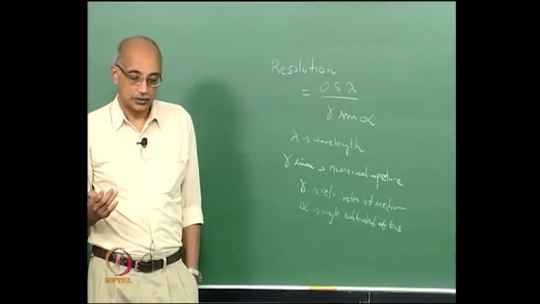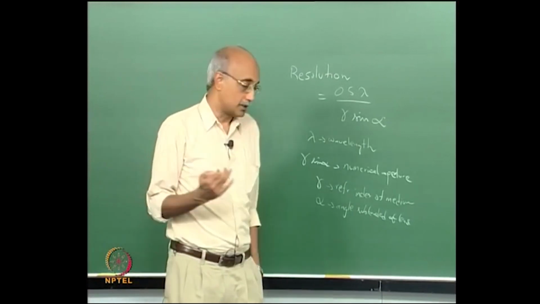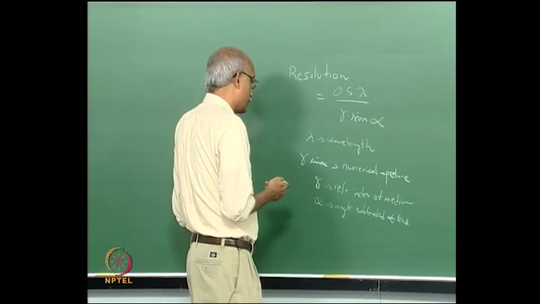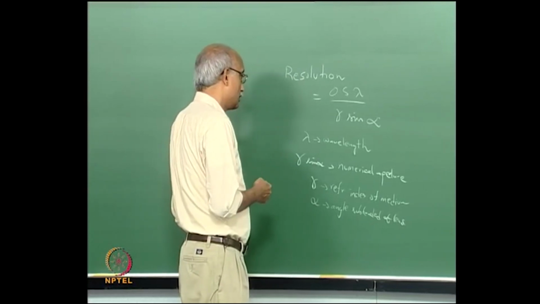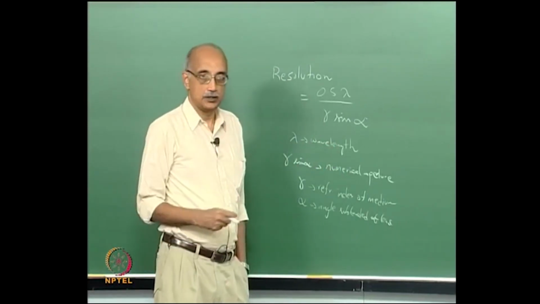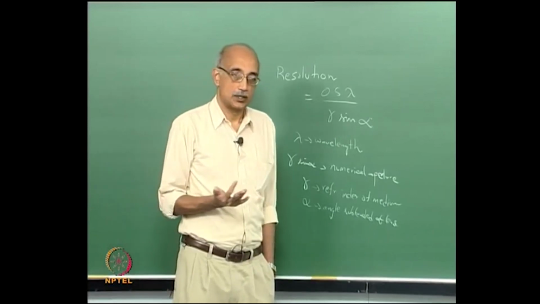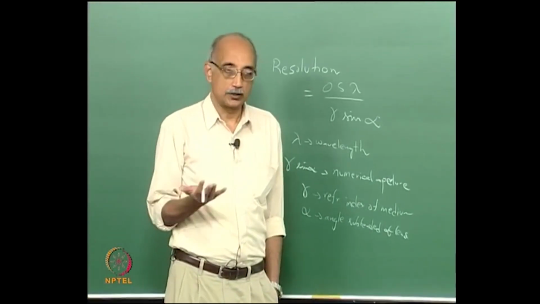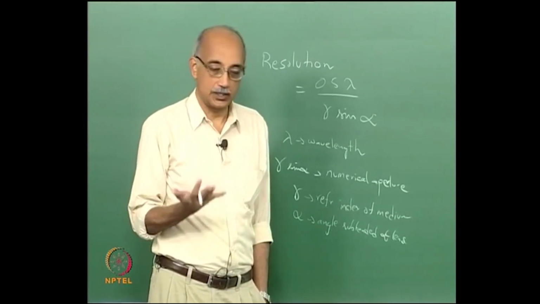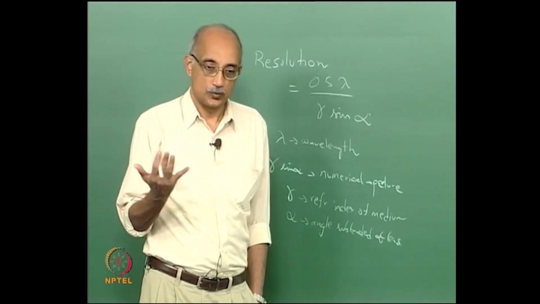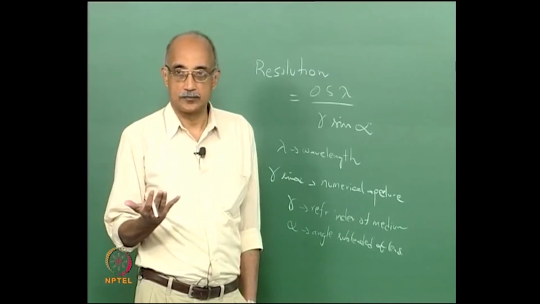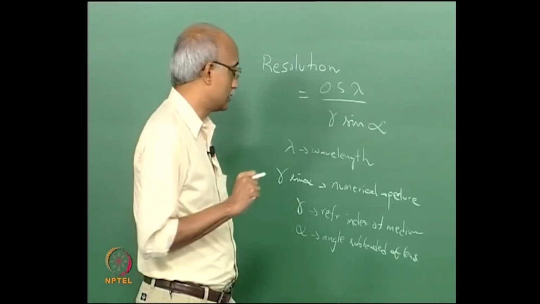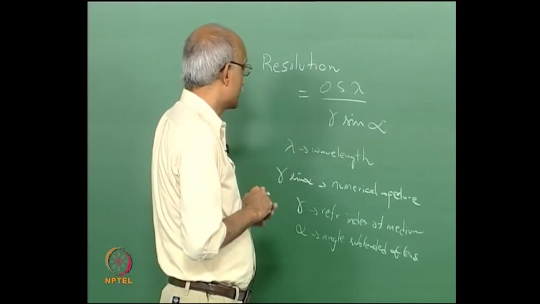So, in optical microscopy, if you want to improve the resolution, the parameters that you can really control are the wavelength and the refractive index of the medium. Now, most of the time when you do optical microscopy, the particle is going to be essentially sitting on a surface which is surrounded by air, and so the refractive index of the medium also tends to be reasonably fixed.